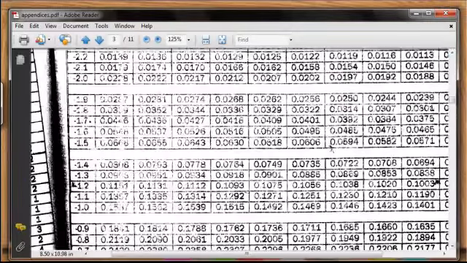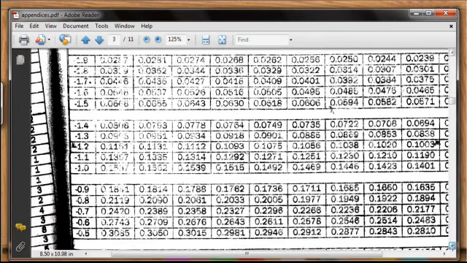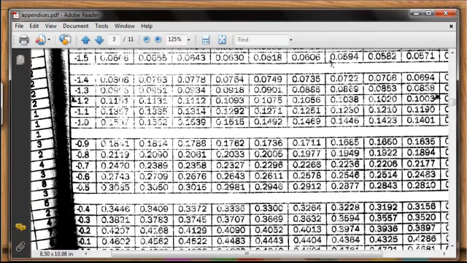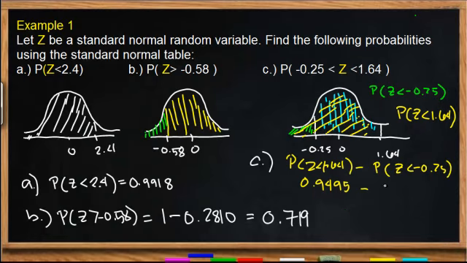Here negative 0.2, we count 0.20, 0.21, 0.22, 0.23, 0.24, 0.25. So for 0.25, the area is 0.4013. So the area is 0.4013.